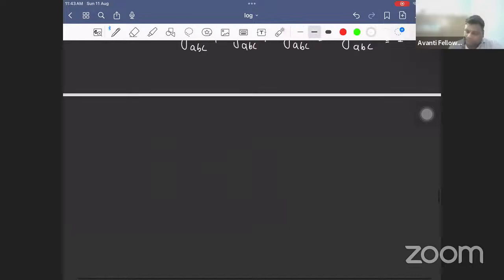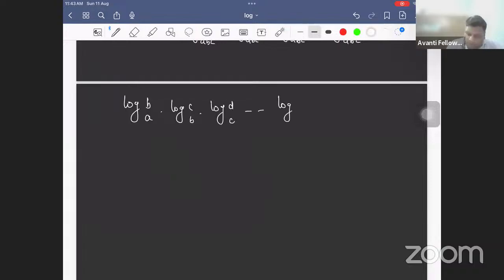Now, see, if sometime I have log B base A into log C base B into log D base C and so on, we'll manage up to this point only. Log D base C into log E base D. What is the answer?